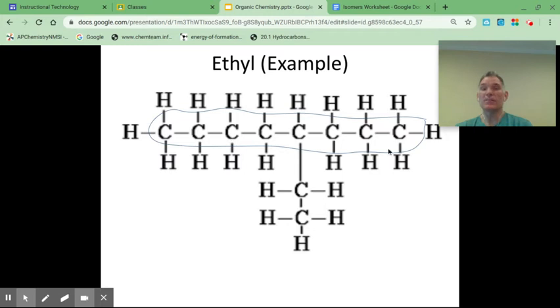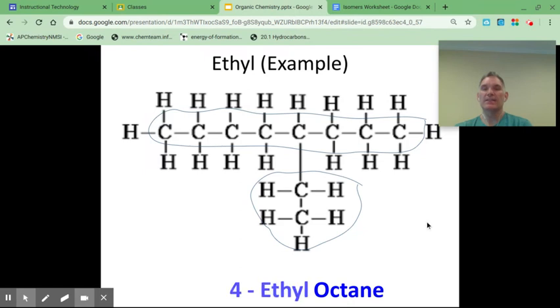They're single bonded. That's octane. But on the 4th carbon counting from this end, or the 5th from the other, it has to be the smallest number. On the 4th carbon, I have this thing called ethyl. So this is 4-ethyloctane.